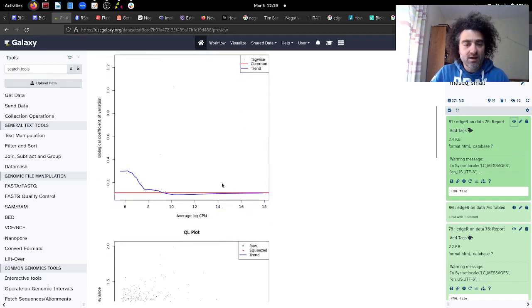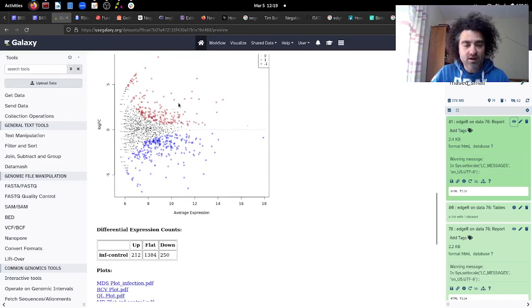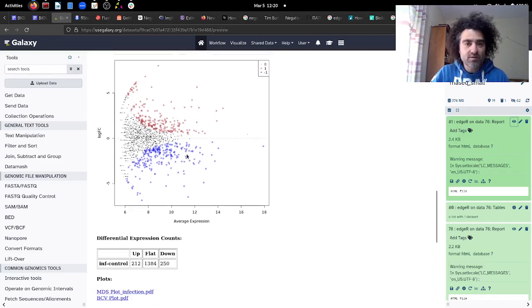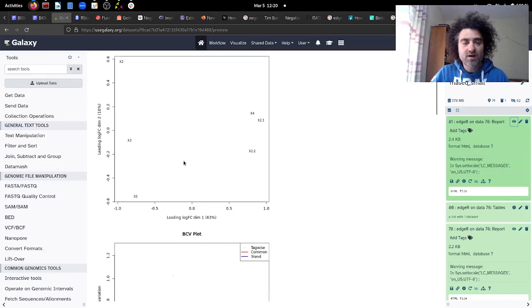And here we should not observe an increase for genes that are highly expressed. If this is okay, then we can trust these results. If not, then we should take into account an additional factor that we haven't taken yet. Okay, and if this is fine as it is here, we can now go to see the results.